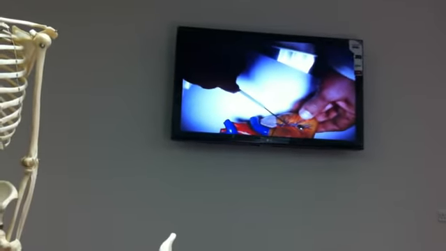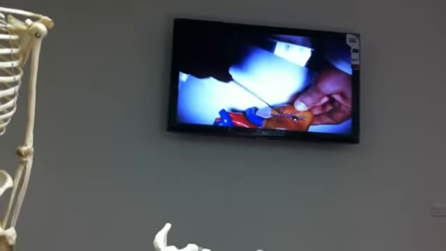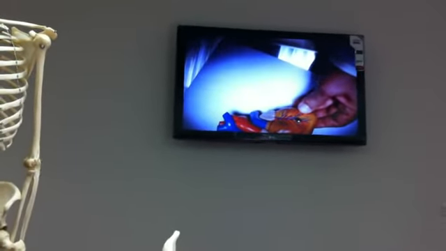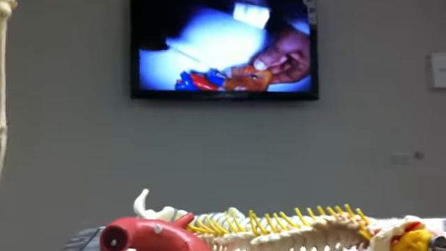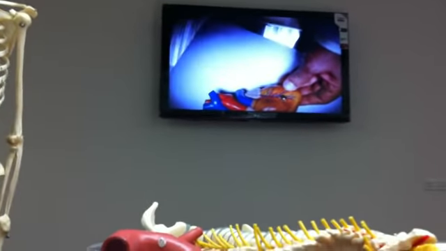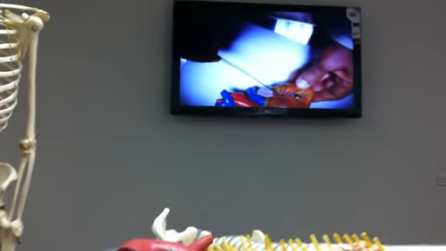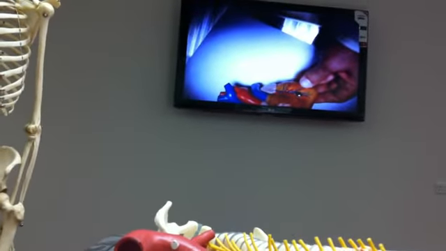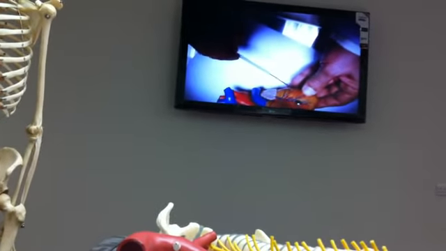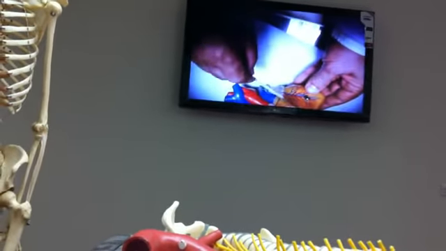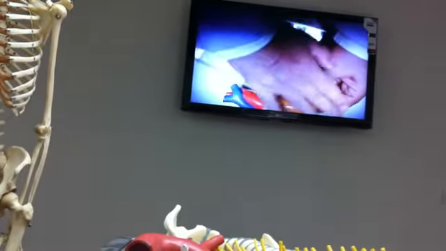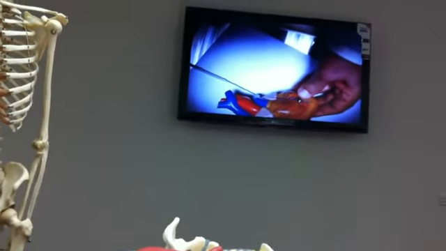Anterior interventricular groove containing artery and vein. The artery is the anterior interventricular artery, and the vein is the great cardiac vein. What is this? Left ventricle. What is this? Right ventricle. Okay? This is the sternocostal surface of the heart.